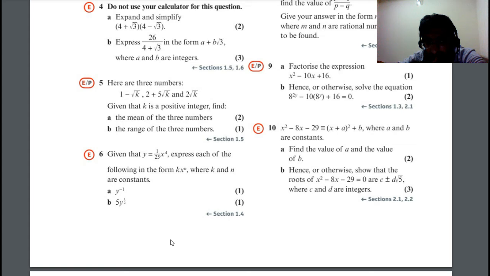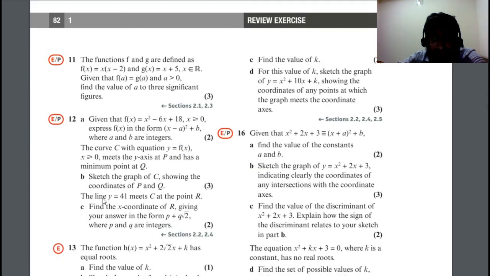So it's x minus 4 whole squared minus 45. So a is minus 4 and b is minus 45. Correct. Oh, see my mental brain.